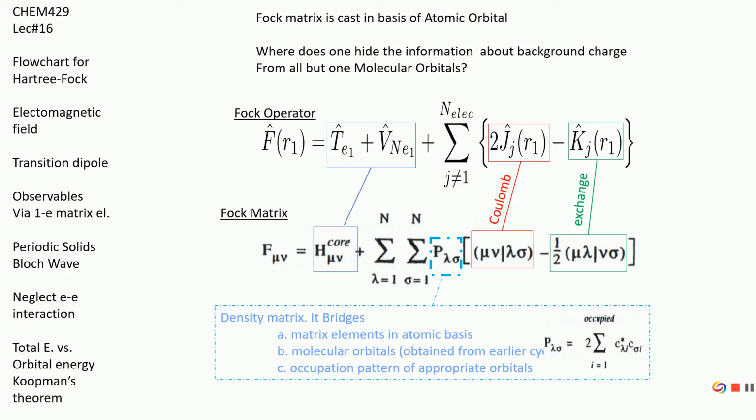If one takes these expansion coefficients, C star C, this object is called the density matrix, and it helps to combine pairs of molecular orbitals on the basis of pairs of atomic orbitals.